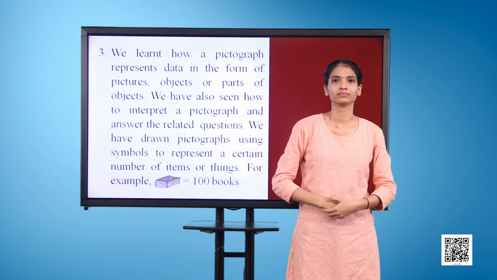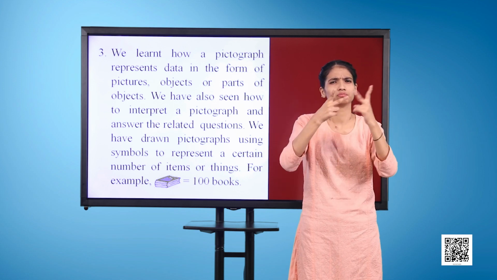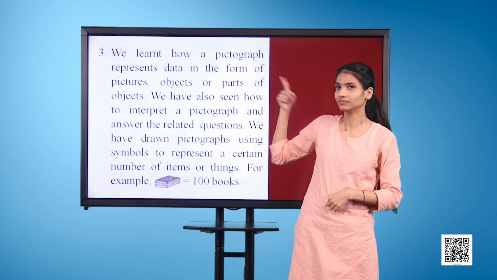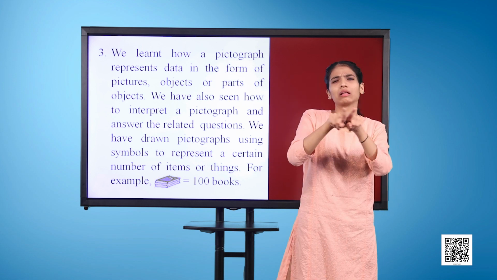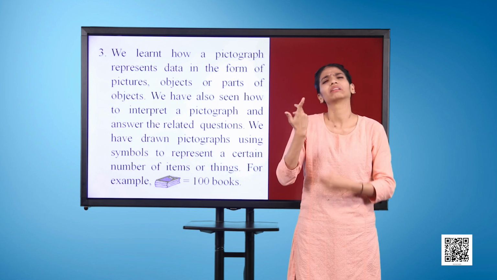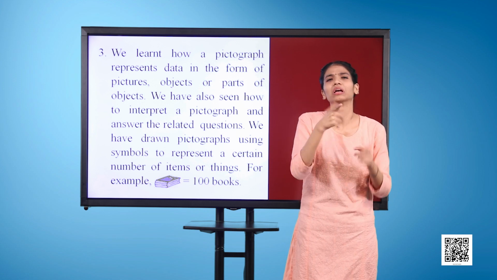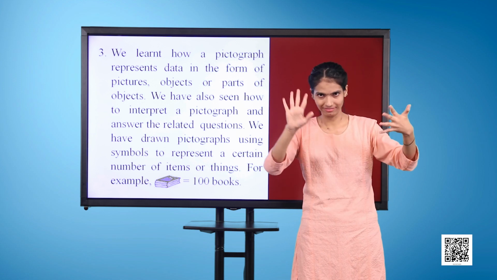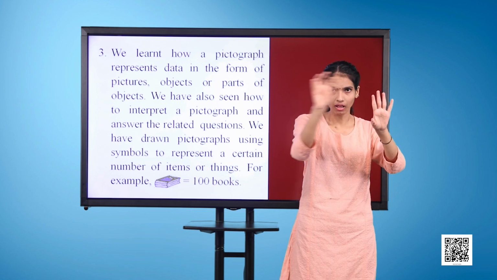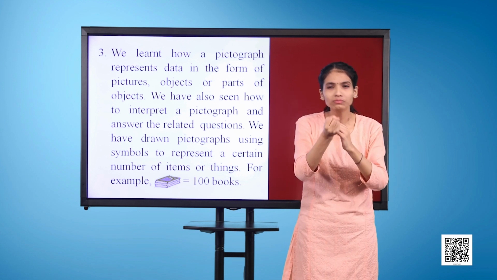Three. We learned how a pictograph represents data in the form of pictures, objects, or parts of objects. We have also seen how to interpret a pictograph and answer the related questions. We have drawn pictographs using symbols to represent a certain number of items or things. For example, this symbol of a book is equal to 100 books.